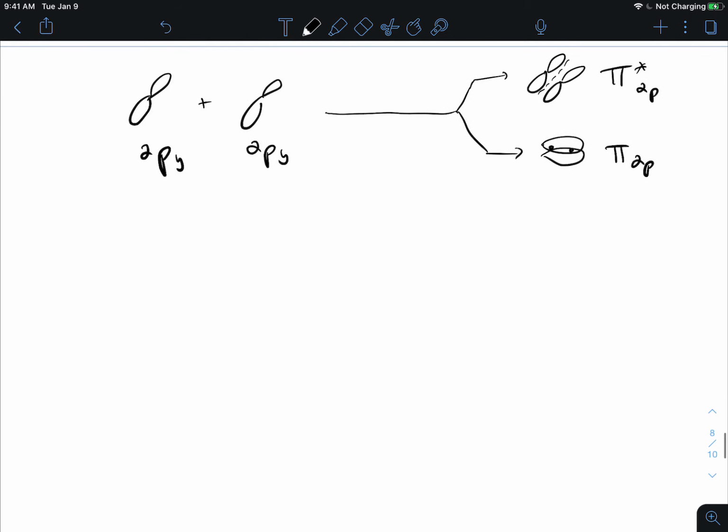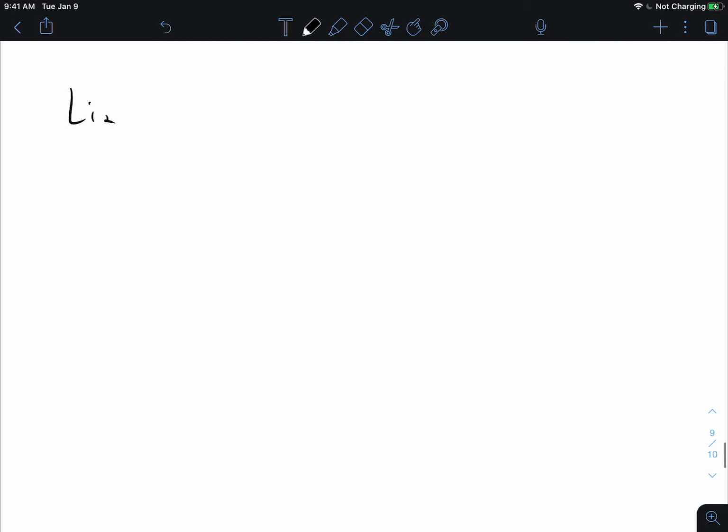Okay, so let's look at some MO diagrams for some different molecules in period 2. So let's look at Li2. Li2 has 1s and 2s.